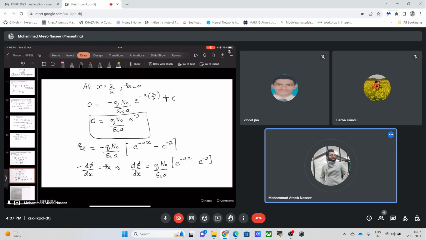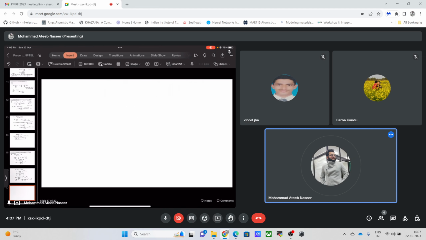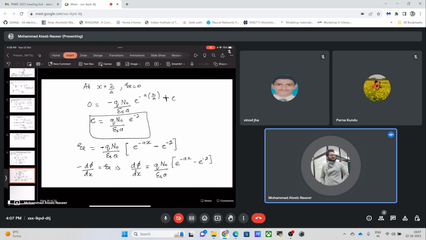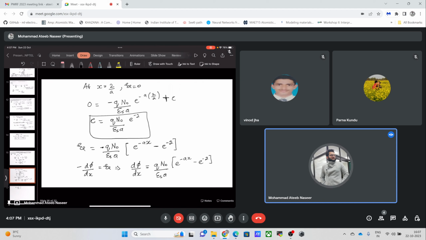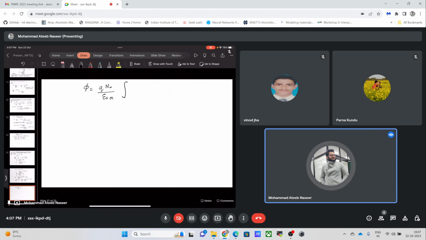So now let's solve for this phi. This phi will simply be equal to q times n naught by epsilon s a, the integral of e to the power of minus ax minus e to the power of minus 2 dx. Okay, as simple as it gets.